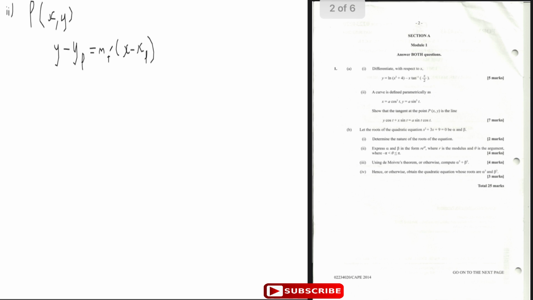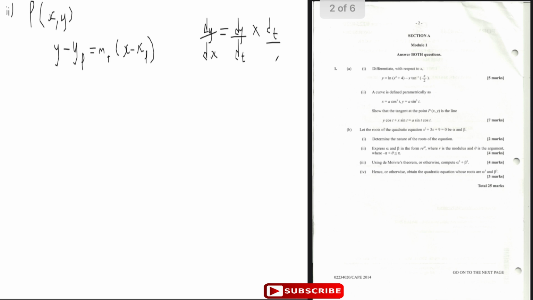In order to find the gradient of the tangent is dy by dx. That's the gradient of the tangent, dy by dx. But in this case, because it's parametric differentiation, dy by dx is dy by dt times dt by dx. Cool?